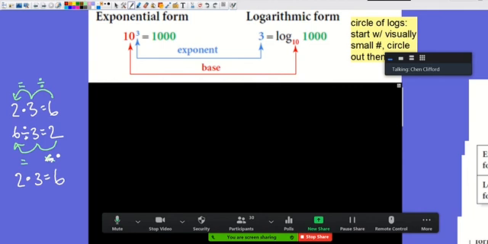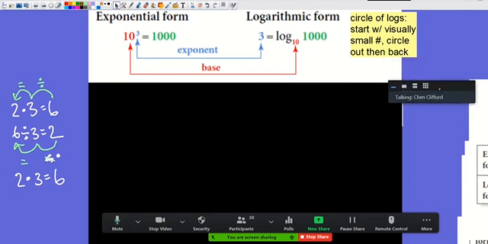If you're ever confused, use the circle of logs. It says start with the visually small number, circle out, then back. The visually small number here is 10. Then you circle outside the log, and you circle back.